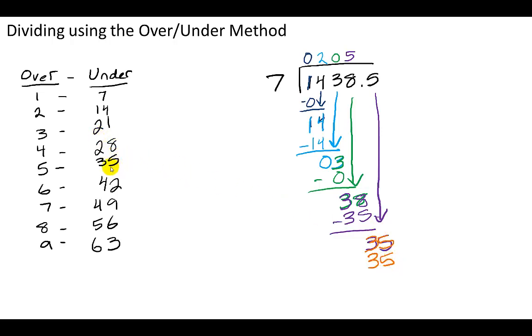And above the 5 that we brought down, I'm going to write a 5 because that's the connection on the over side of our over-under method. 35 take away 35 is 0. Our final step is to take our decimal and bring it straight up to the top. And so we see that 7 goes into 1,438.5, 205.5 times.